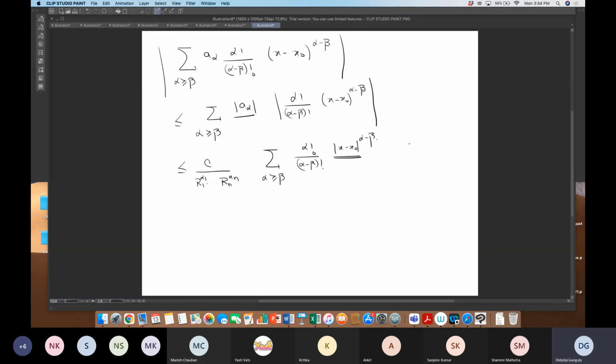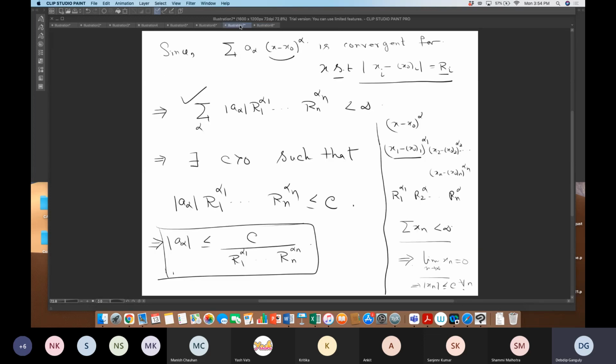And this is less than or equal to, you know that we want to prove the convergence when x minus x naught, you know what that means. We want to prove |xi minus x naught i| is less than ri. You remember?